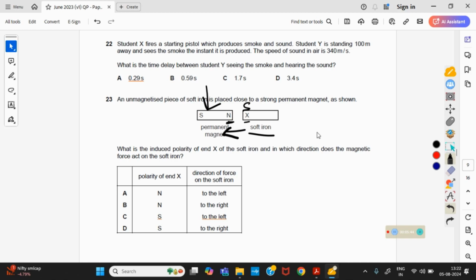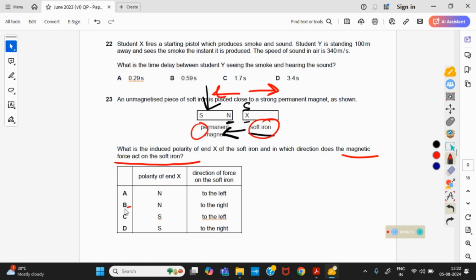Now if you understand that, what will be the magnetic force on the permanent magnet due to the presence of soft iron? Since they have asked you the magnetic force on the soft iron, the magnetic force on the soft iron will be toward left, and the magnetic force on the permanent magnet due to soft iron will be toward right, because the soft iron will also try to attract the permanent magnet toward itself.